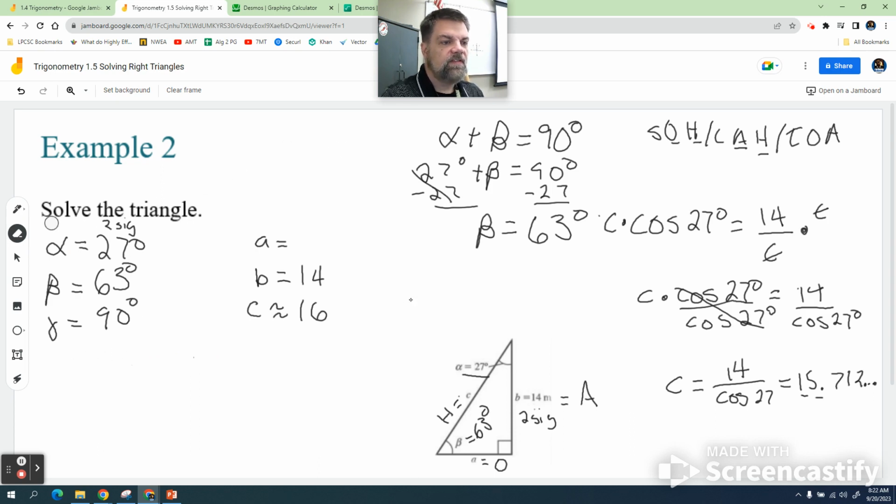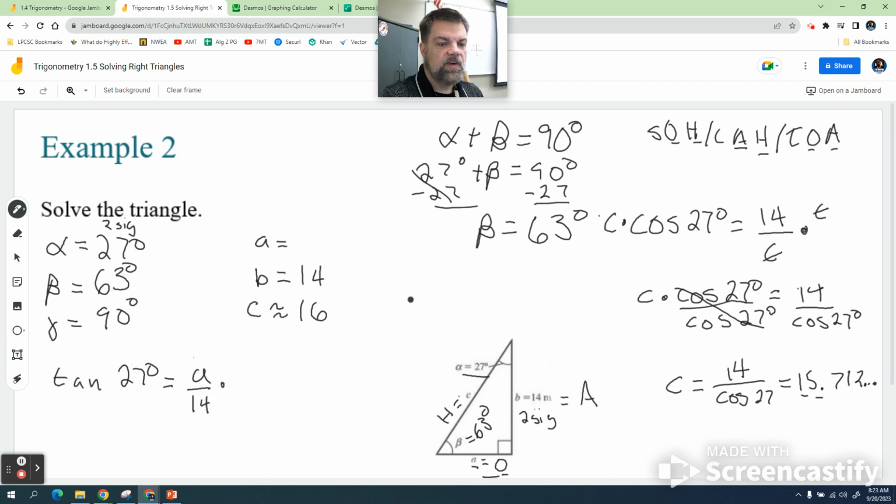So if I go with the given values, what did they give me? They gave me the adjacent. I want to solve for the opposite, so I'm going to use tangent. So I'm going to say tangent of 27 degrees. Remember that tangent is the opposite over the adjacent. I don't know what the opposite is, so I'm just going to label it A, because the opposite is A, all over the adjacent, which is actually B, which is 14.